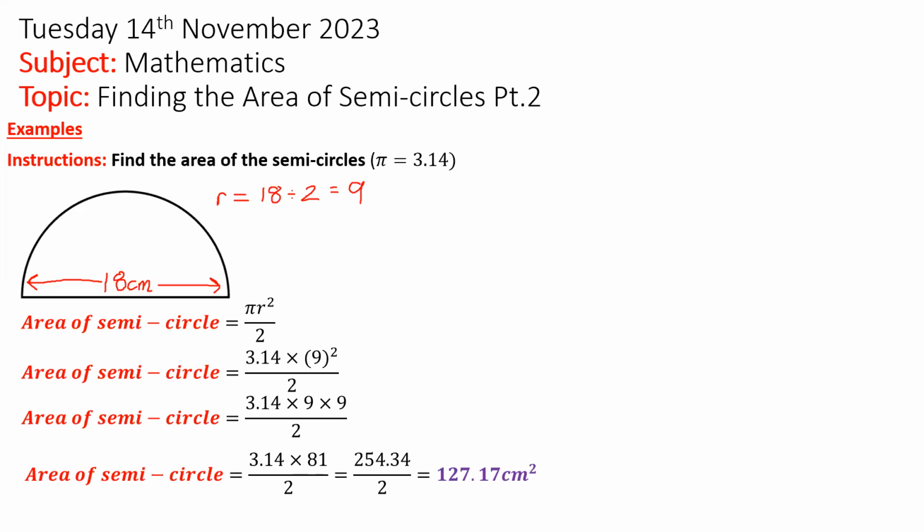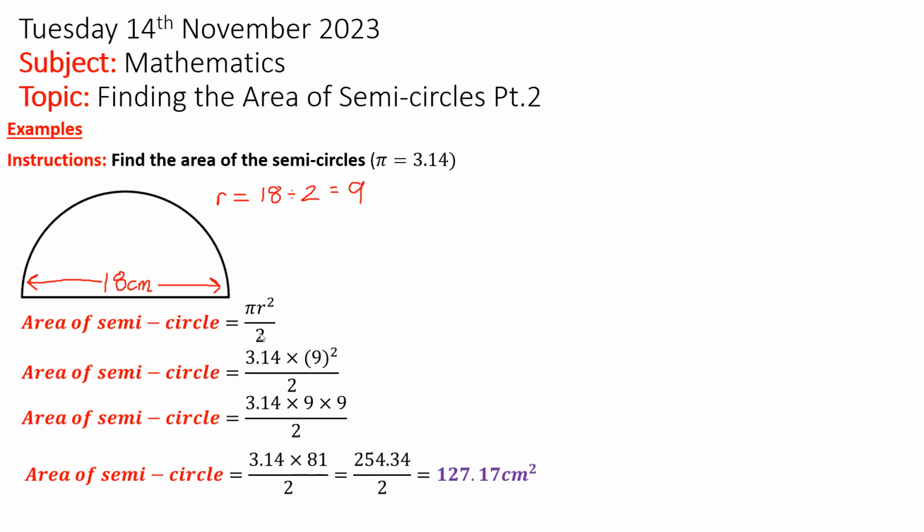All right, so let's go, Waterfall. Please explain how we got 127.17. Firstly, you have to find the radius. We get the 18 from the diameter, divide that by 2, and that's equal to 9. The formula for a semicircle is pi r squared divided by 2.